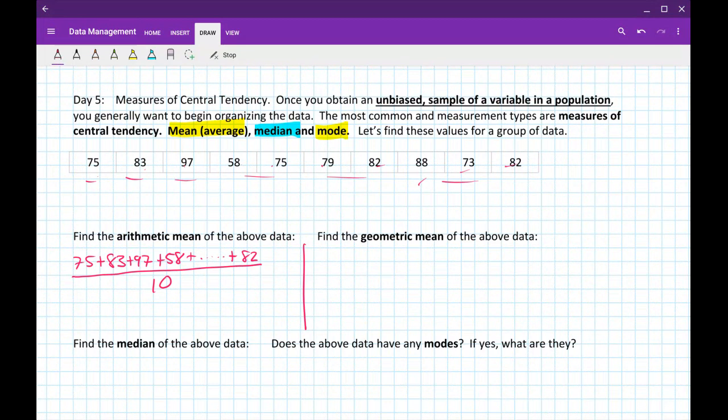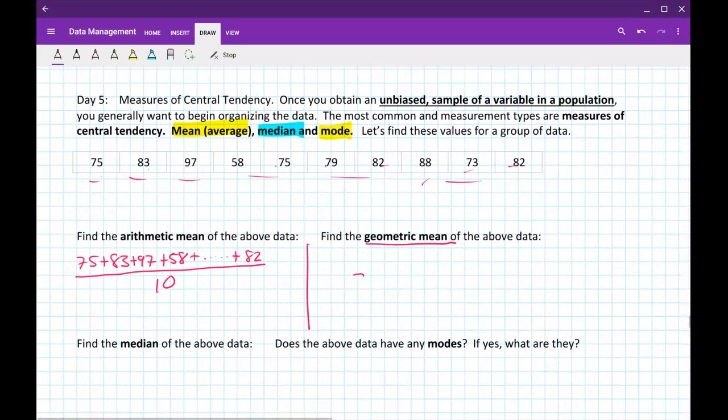The geometric average is similar, but it's going to be 75 times 83 times 97 times, through 82. Basically, you're multiplying all the numbers, and instead of dividing by 10, you take the 10th root.